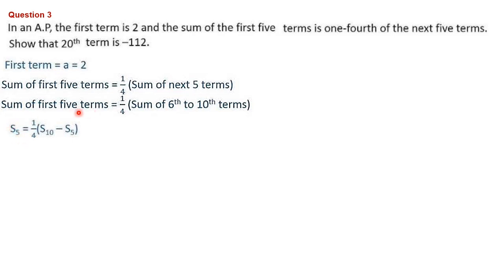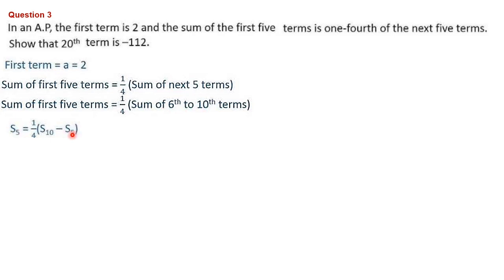S5 means sum of first 5 terms is equal to 1/4 of this one only we are changing. This one, how are we changing? Sum of 6th to 10th term, how do we get? From 1 to 10 sum we will take, that means S10 minus 1 to 5 sum. 1 to 5 sum means S5. If you subtract, you will get the sum of 6th to 10th terms.